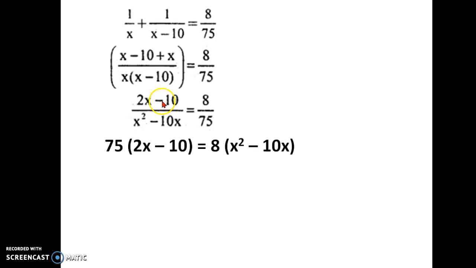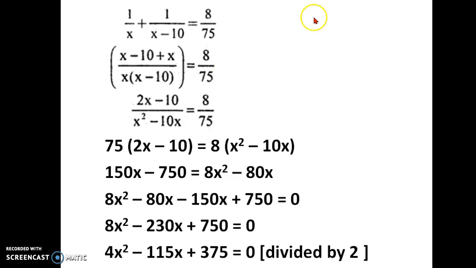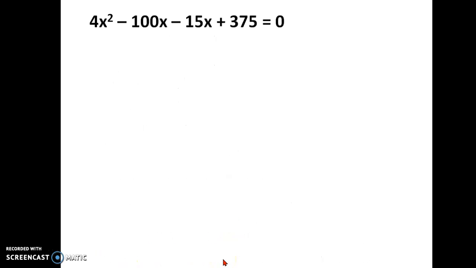So 75 will be multiplied with here, and this denominator is multiplied with this numerator. Then remove the bracket and bring everything to one side of equal to. Okay, so here it is divided by 2. So everything is divisible by 2. So divided by 2. Then it is factorized by splitting the middle term.